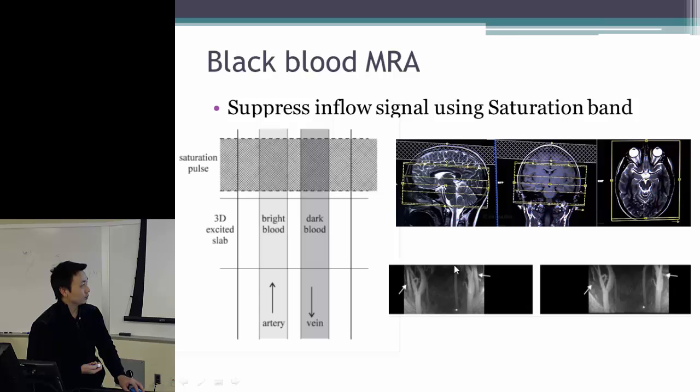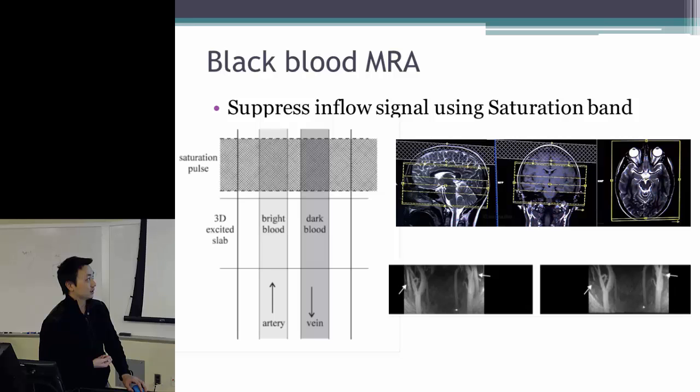If we do not put this saturation band, we will see the jugular veins in here. But if we use the saturation band, we saturate the vein signal, and we do not see it in the final image. Similarly, if we want to see the veins, then we can put this saturation band below to saturate the inflowing arterial blood.